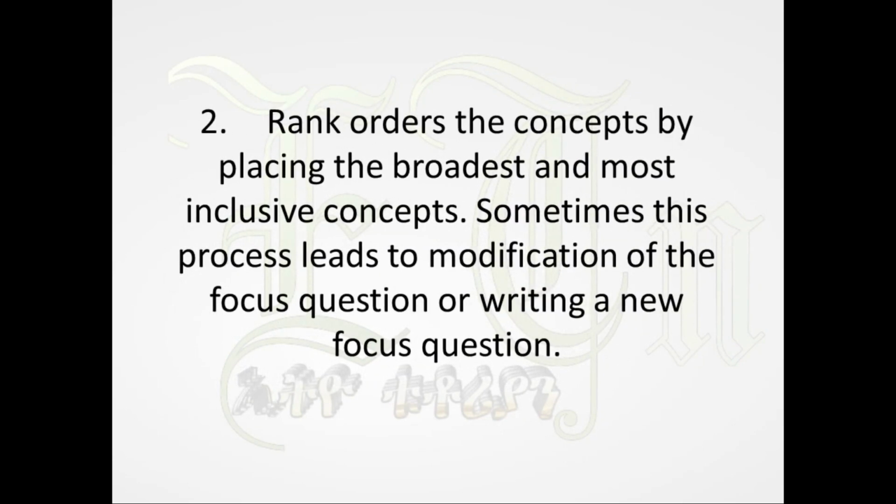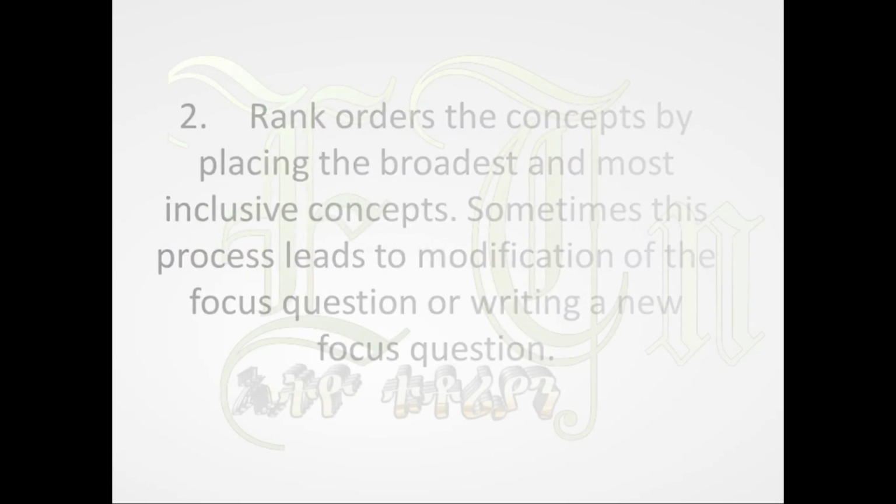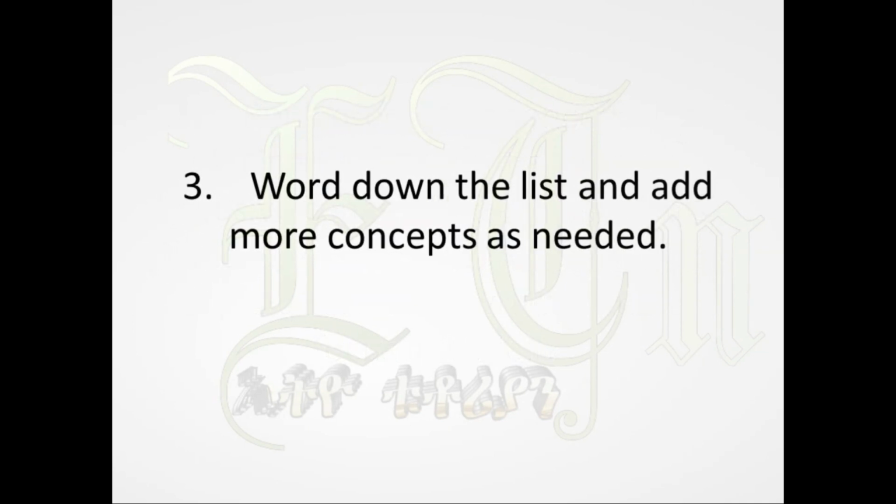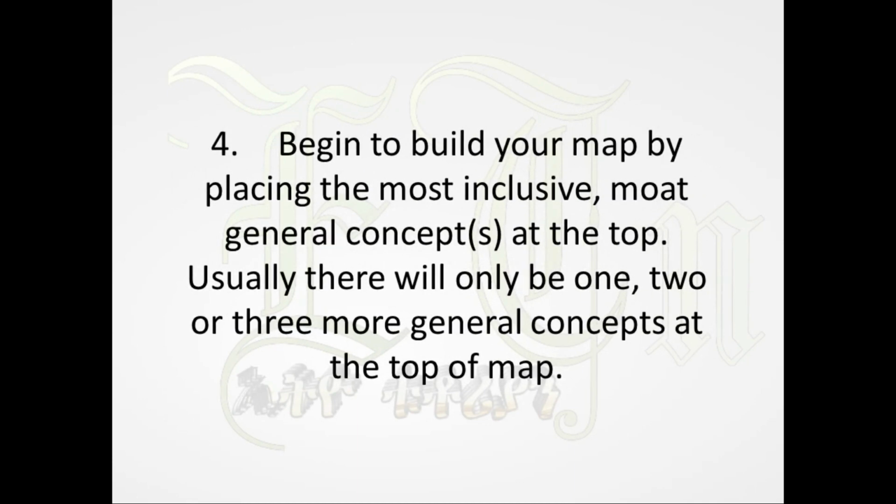2. Rank order the concepts by placing the broadest and most inclusive concepts first. Sometimes this process leads to modification of the focus question, or writing a new focus question. 3. Work down the list and add more concepts as needed. 4.